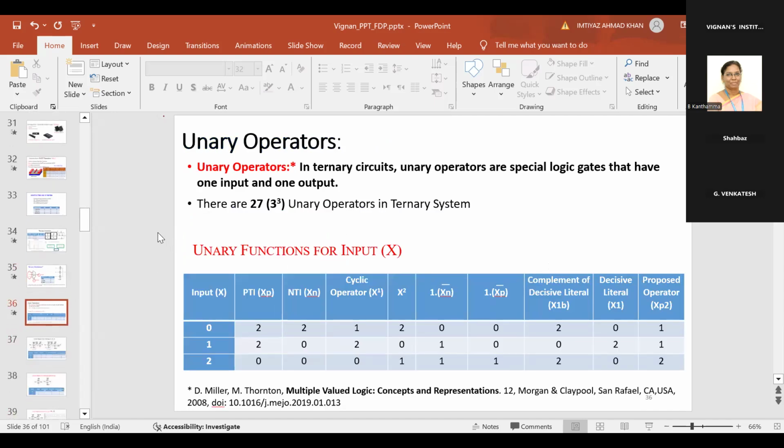I'm using unary operators. I've just explained PTI, positive terminal inverter, negative terminal inverter, standard terminal inverter, and also the cyclic operator.